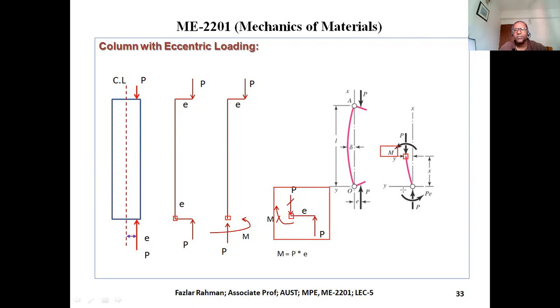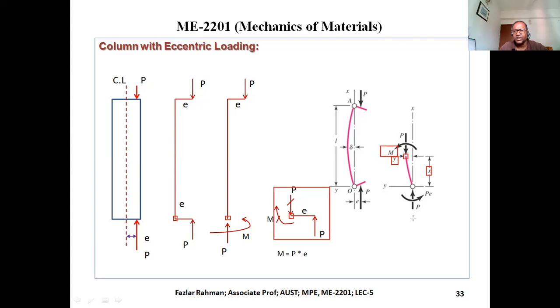Then what we did, we cut the column at any point. We are saying cutting at a distance x, and at that point the deflection of the column is y. Then we try to balance it.